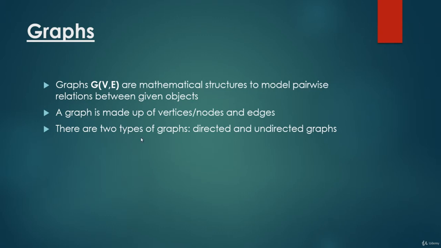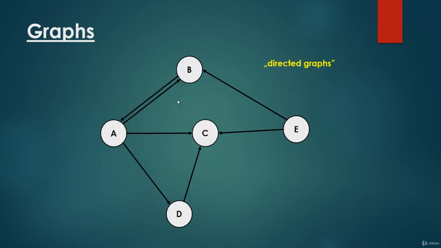And there are two types of graphs. A graph can be directed or undirected. Okay, so for example, this is a directed graph. As you can see, we have the vertices or the nodes, vertex A, vertex B, vertex C, vertex D and vertex E. And as you can see, there are several connections between the given nodes or vertices.